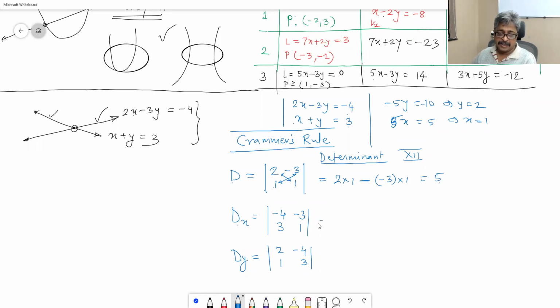What is Dx? Same rule. Minus 4 into 1 minus 3 into 3, this minus this. How much is this? Minus 4 plus 9.